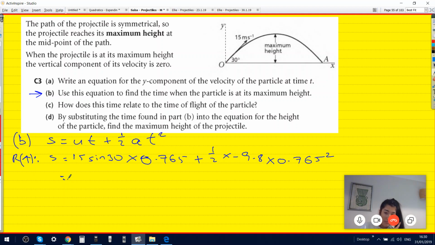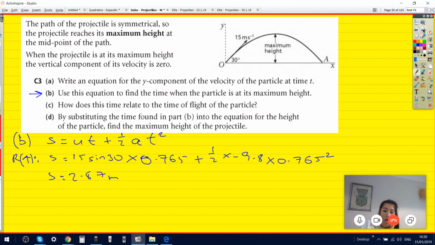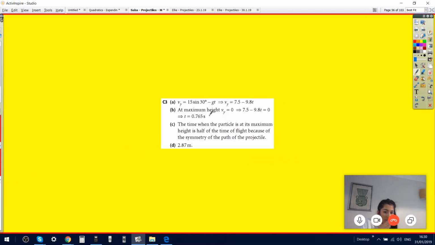It depends how much you want to round it, like 2.87. 2.87 meters sounds fine.